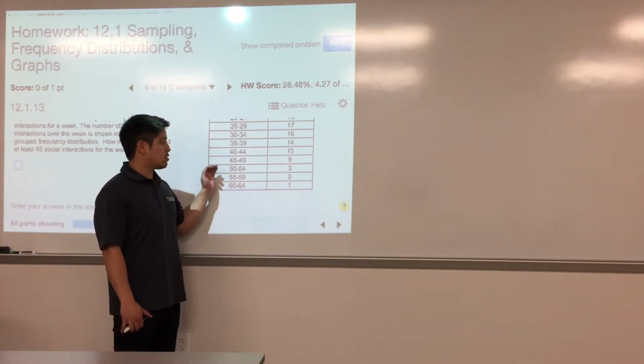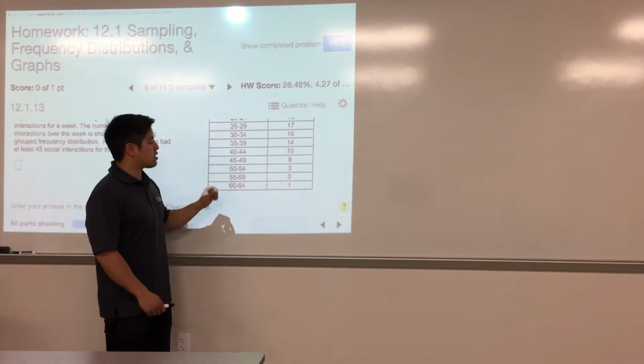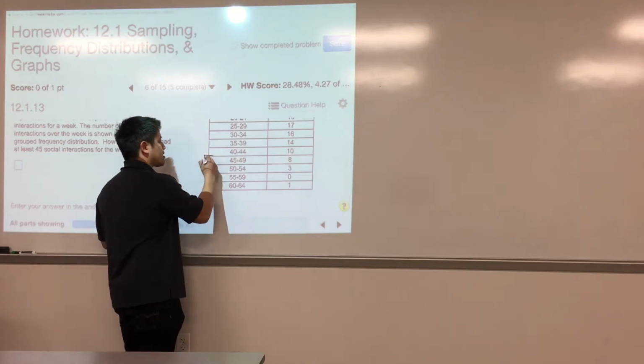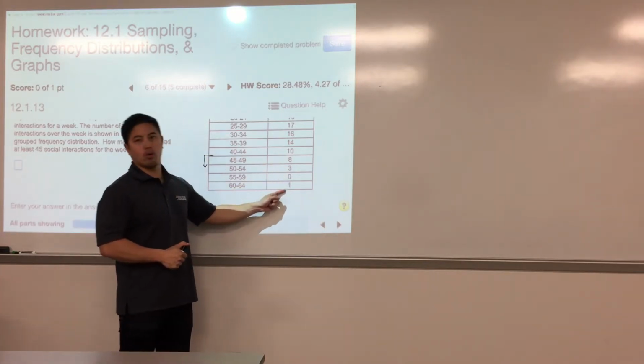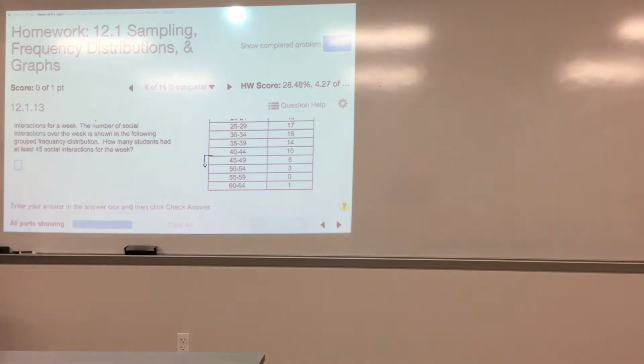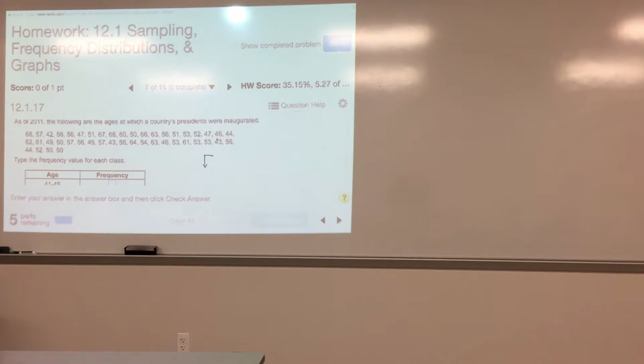It would be what? Everything here. At least 45 means that you start at this class and go down. So it's 8, 3, 0, 1. So it's what? 12, exactly. Okay? There you go.